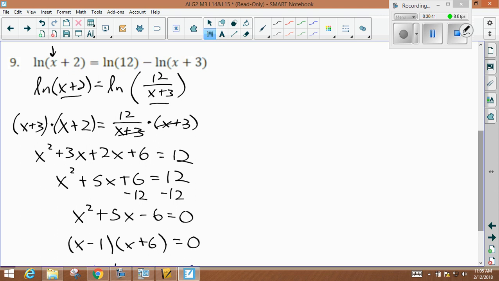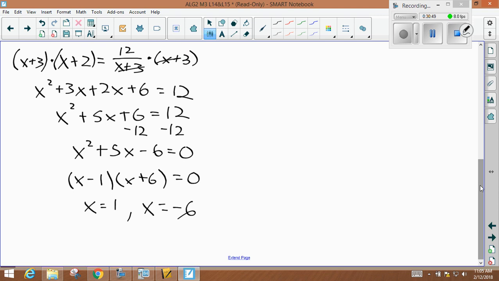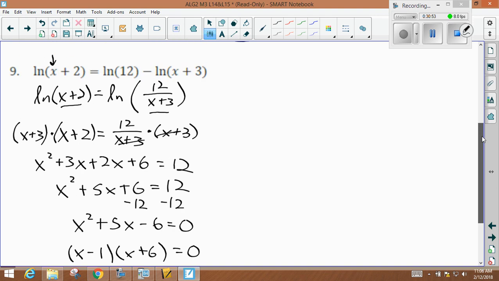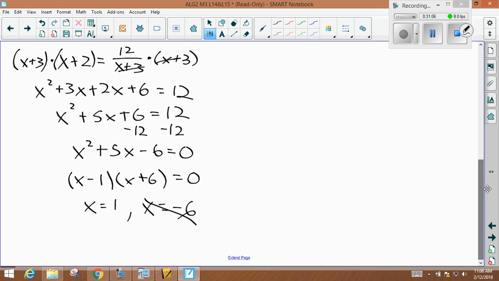If I plug negative 6 in there, I wind up with negative 6 plus 2, which is negative 4, and I have a log of a negative number. If it doesn't work in one of them, it just doesn't work. But we got to check number 1. We got to check them all. If I put 1 in here, this becomes 3, and if I put 1 in there, I just get 4, so 1 checks. And that is our only answer.